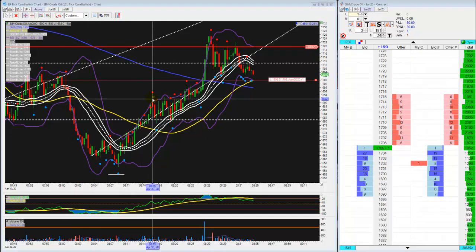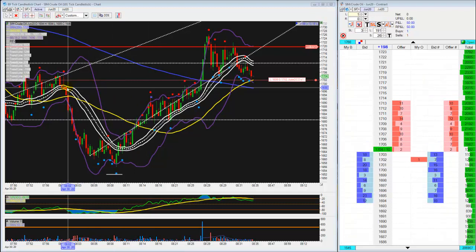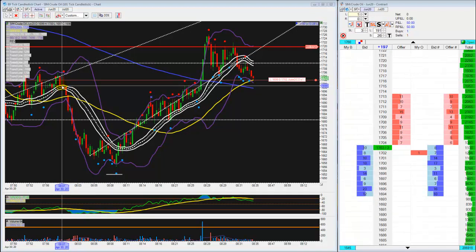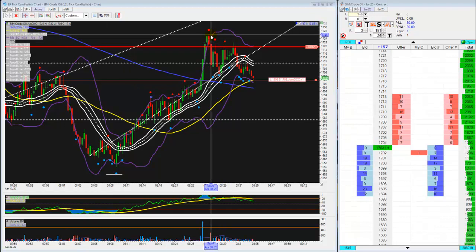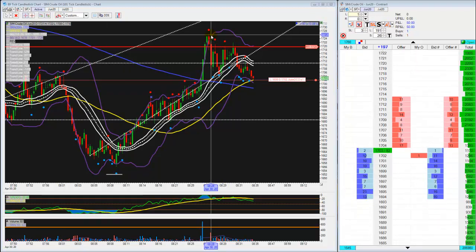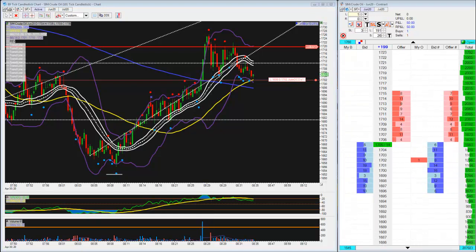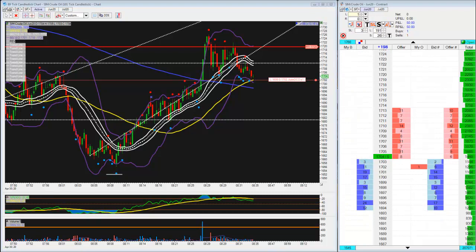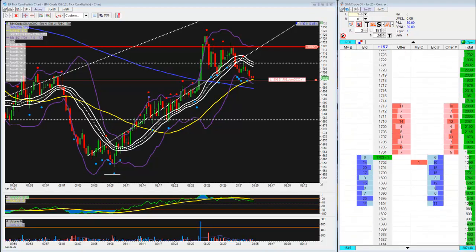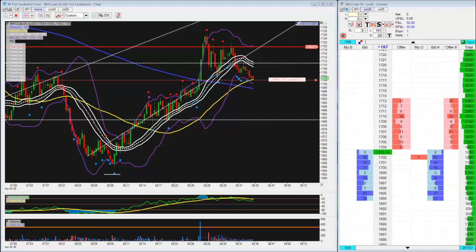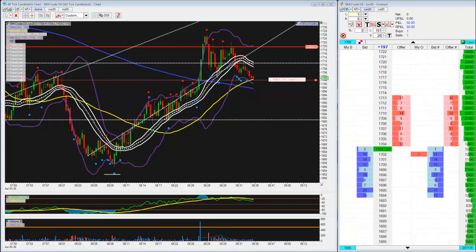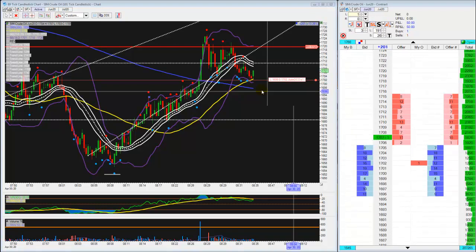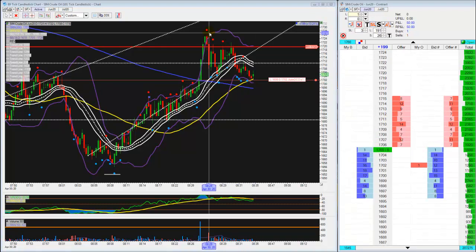Alright, so our original entry point was what, 1698? And the swing high, 1726. $17.24 would have been a 1/2 hour stop and knock us out. So it would have knocked us out.